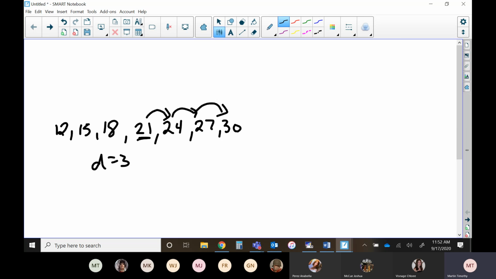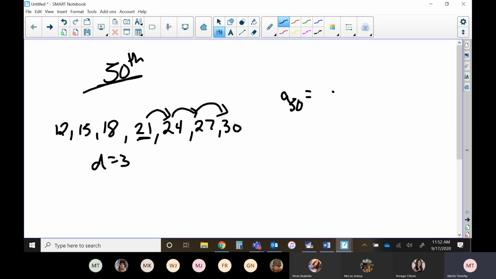So I wouldn't want to use the recursive. I'd want to use the explicit formula. If they said find the 50th term, they just told me what? My n value is going to be 50.